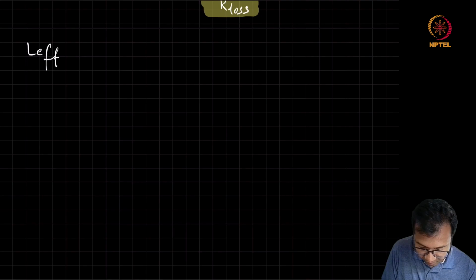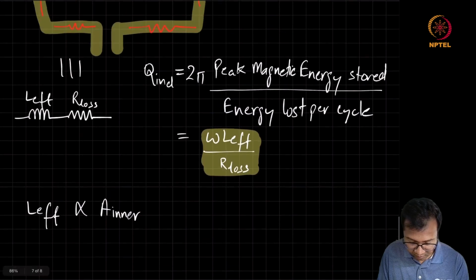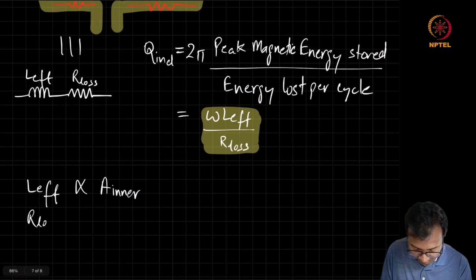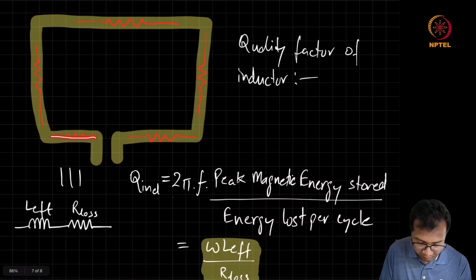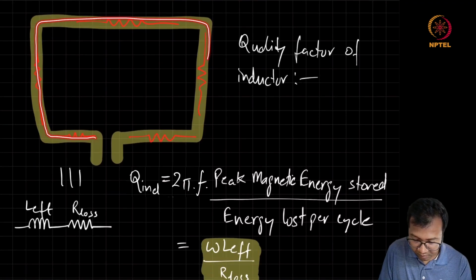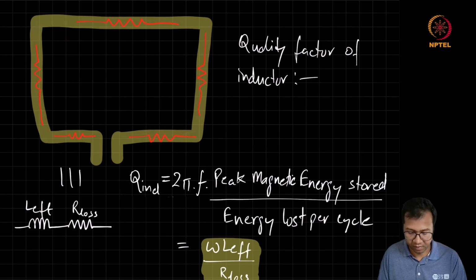L effective is proportional to the inner area, whereas this R loss, if we see, will depend on the length of wire being used. So the more the length, the higher the resistance.